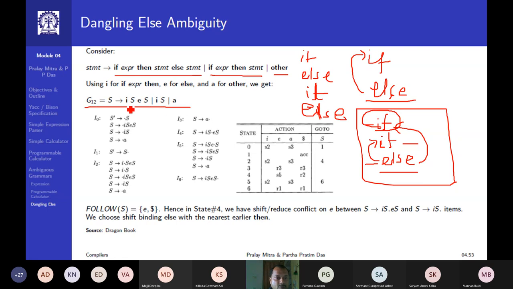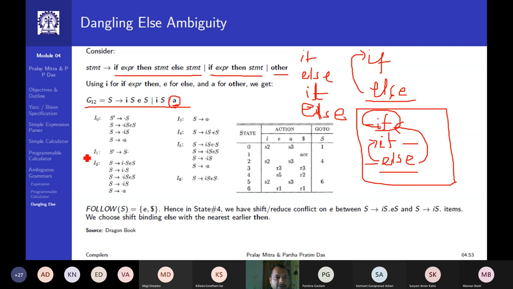So small i indicates terminal if, small e indicates terminal else, others is a, and this capital and italic S indicates some statement, one or multiple. For that production rule, I didn't write anything as of now. So there can be some other production rule also, and you can use only this one also, where either it can be if else or if, and S can be terminated with this terminal a, that is my other.